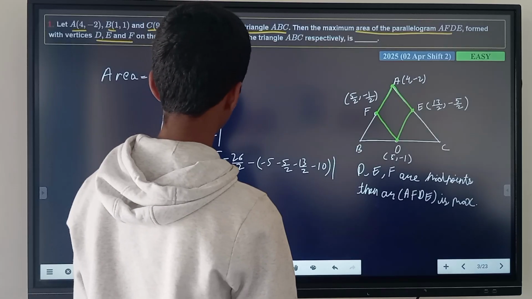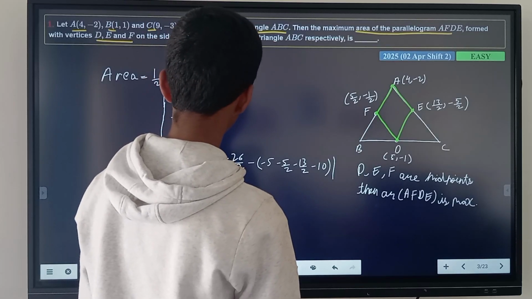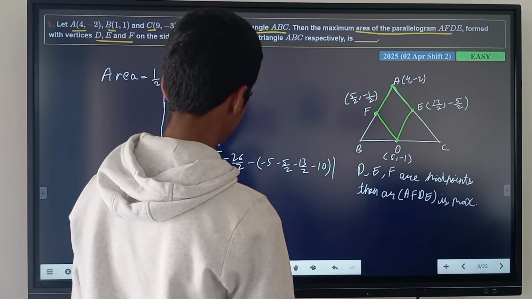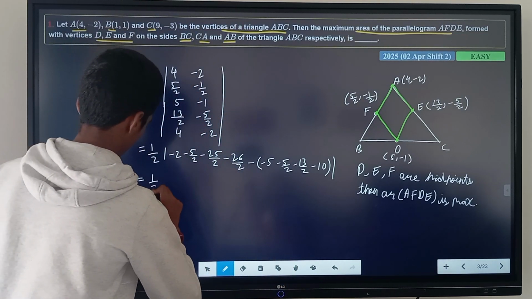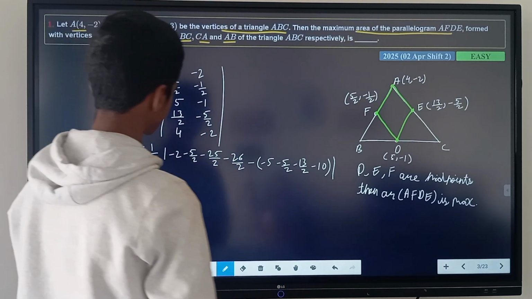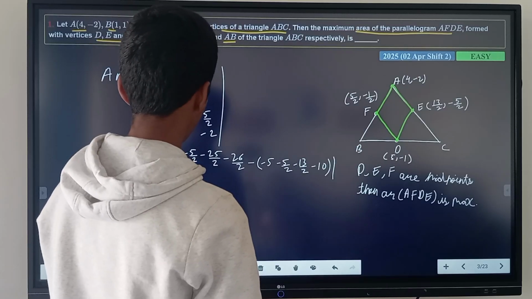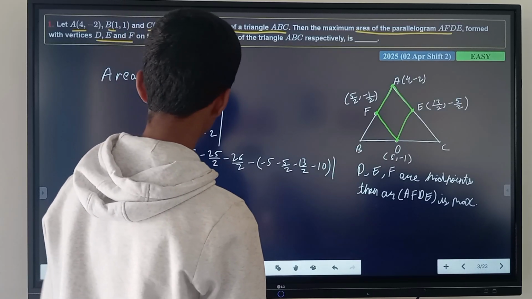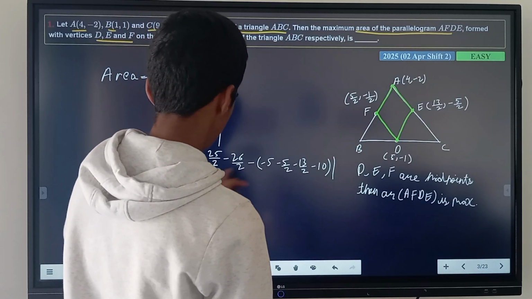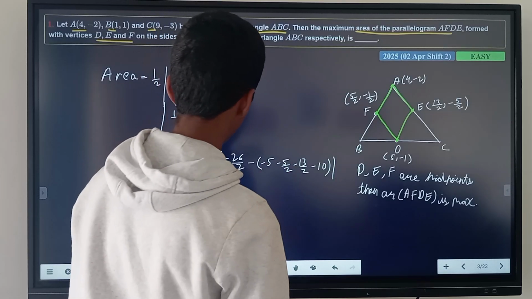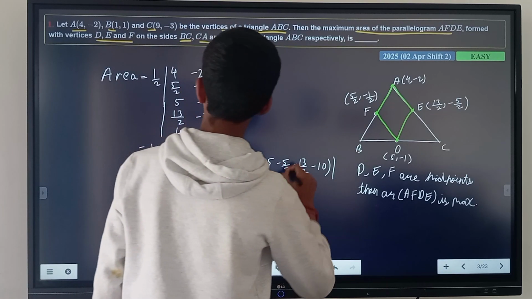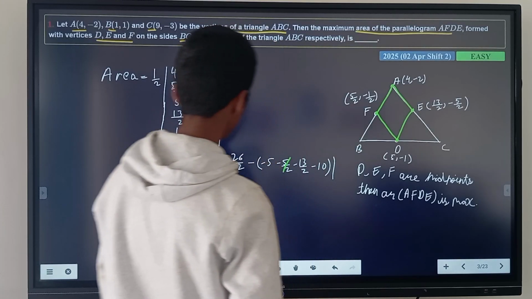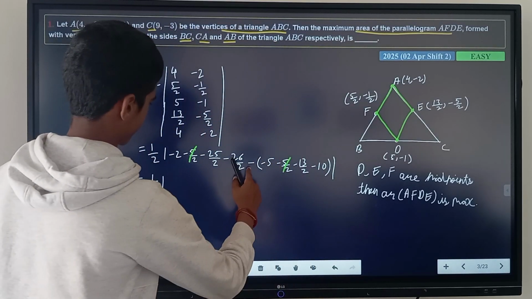Now from here we will get this is equal to 1 upon 2 mod of this. First let's cancel minus 5 by 2 and minus 5 by 2, because here we have minus.